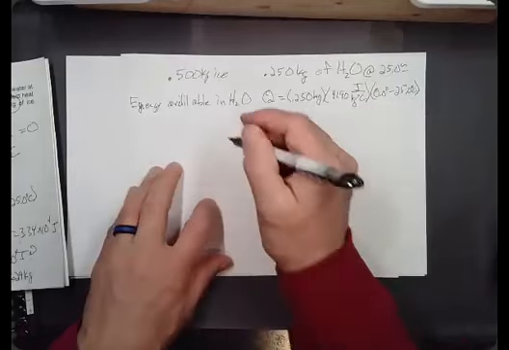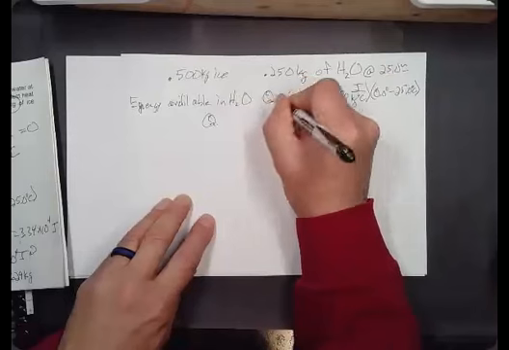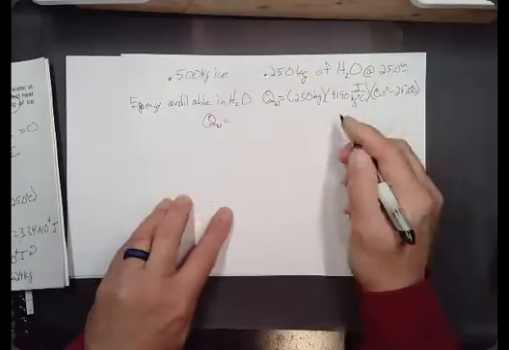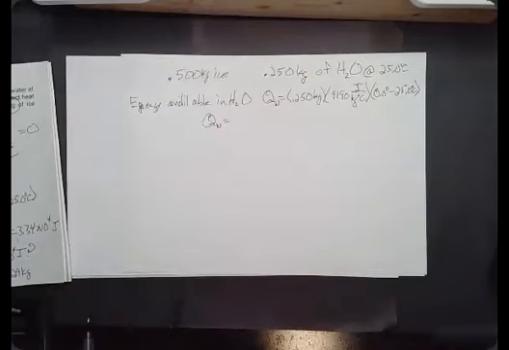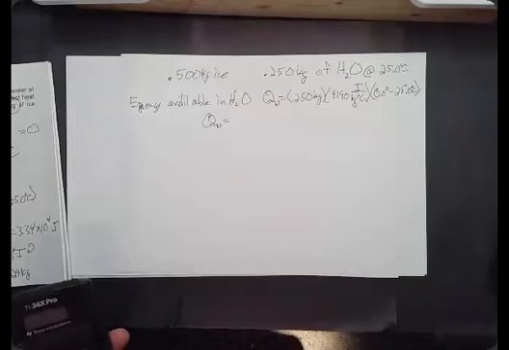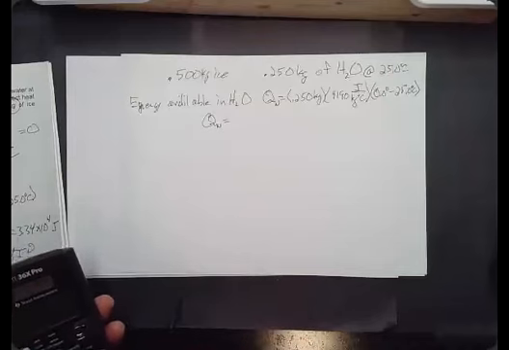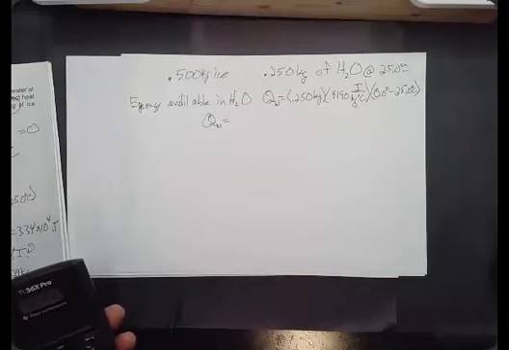Okay, that heat available, I'll call it Q sub W again, is going to be negative because I've got a negative temperature difference. It's amazing how far I can get before I actually turn my calculator on.